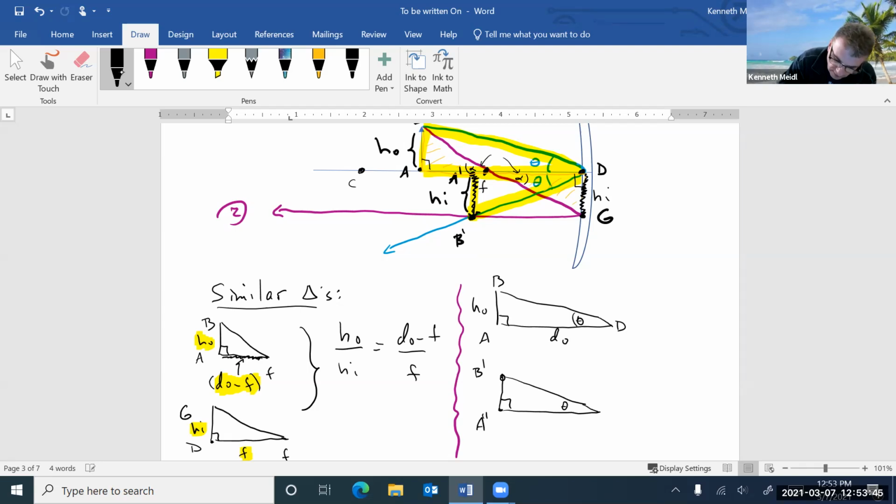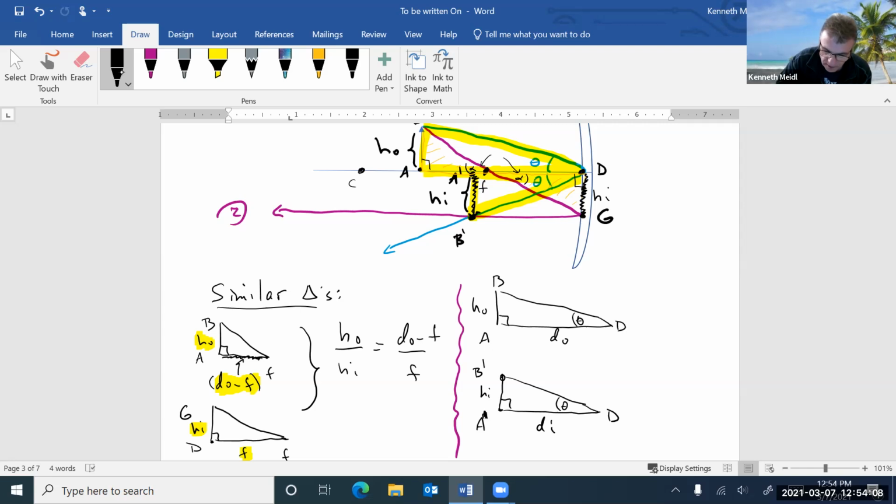And then it has the same angle theta, because it has to be the same angle from the law of reflection. This is the height of the image, and this is the distance that the image is being formed from point D to A prime. It looks like I've got 2 primes there for some reason.